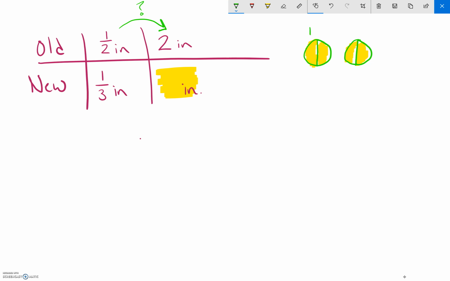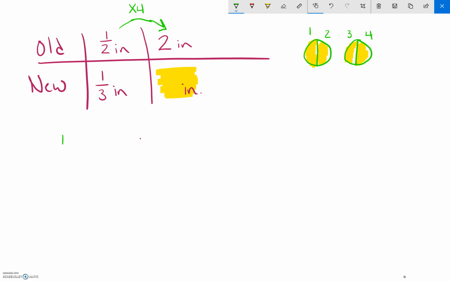Well, that would be 1, 2, 3, 4 halves. So to go from 1/2 to 2, you're multiplying by 4. So if you do that to the top row, you also have to do it to the bottom.